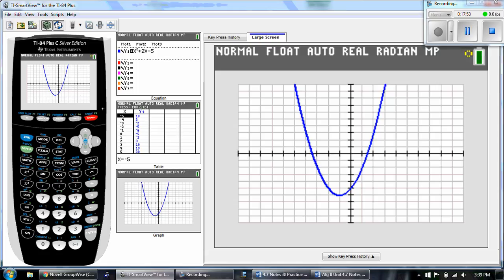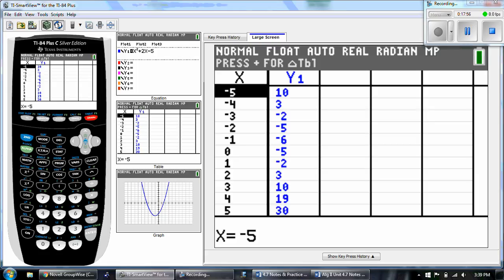You can also go to your table, and if you see the y values, how they're going up, down, down, down, down, and then at negative 1, negative 6, you can see that that's the lowest point. That's your vertex. And then it goes up, up, up, up again. Okay? So I would always highly recommend that you use your graphing calculator to help you out.